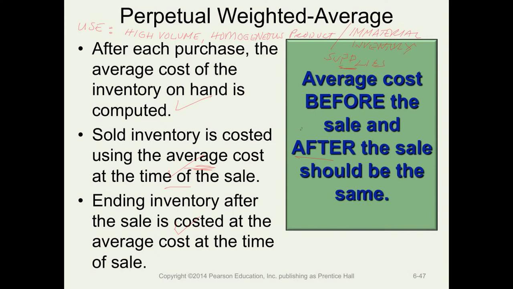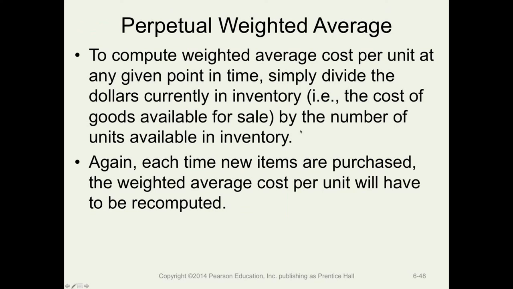So we take a new average every time there's a purchase, and when we sell the product, we use the average that exists at that time. When we calculate the weighted average cost per unit, it is very simply, at any point in time, the total cost of goods available divided by the number of units available. And as I said, every time you purchase, you recompute the average.